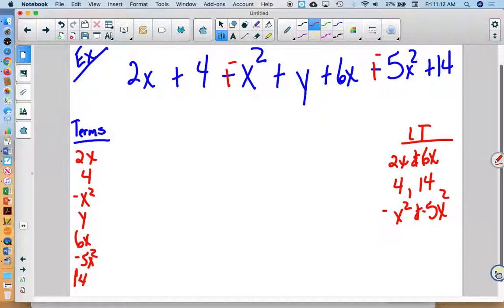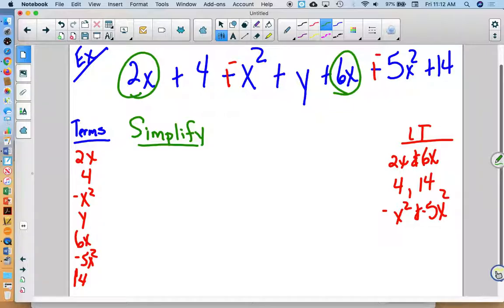Okay, now we're going to take what we got and we're going to start combining. We're going to start simplifying, right? And this is where it gets tricky, especially with a big one like this, couldn't it? So I like to do something with it for myself. I say, okay, 2x and 6x. That's those two. 2 plus 6 is 8x. Good. Then I know I've got a like term here, a 4, and we said 14, right?